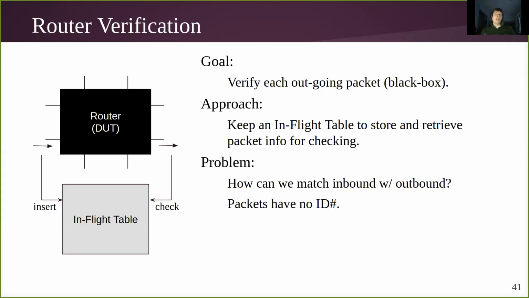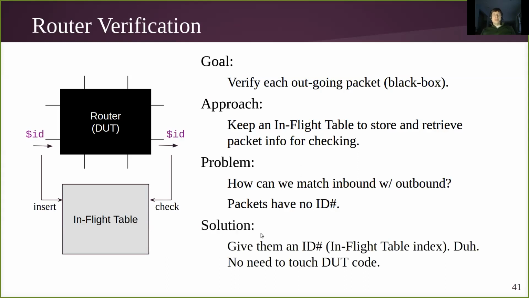So depending on the nature of this router and the nature of the fields that are available at the output of the router, we might have to build some fairly sophisticated heuristics to deduce what that correlation is. Transaction level Verilog gives us a nice opportunity to solve that problem. So assuming that the router was modeled where there is a transaction flow all the way from input to output, the solution is just to add an ID field.